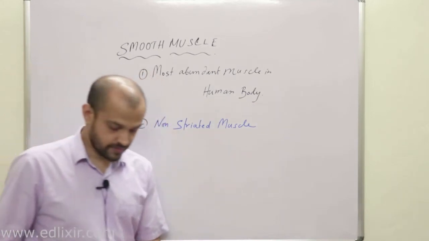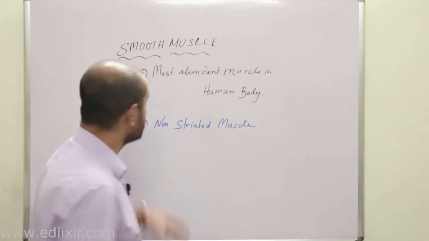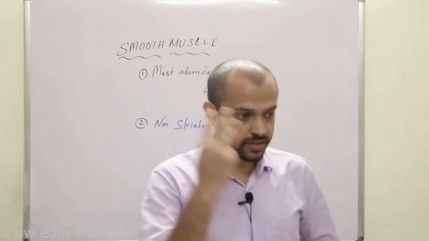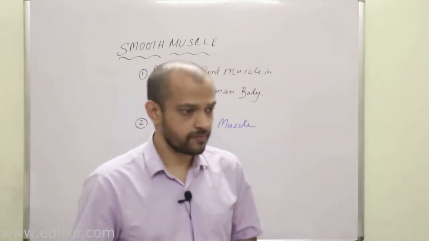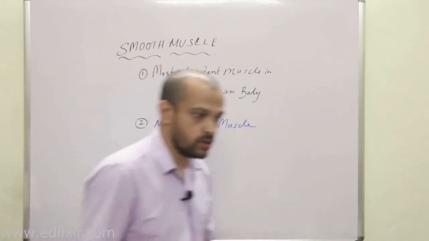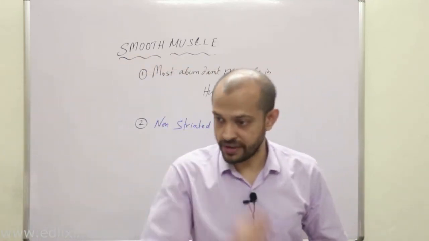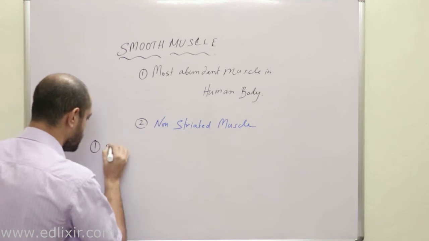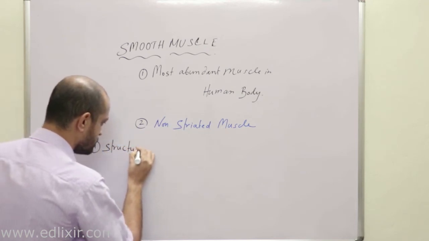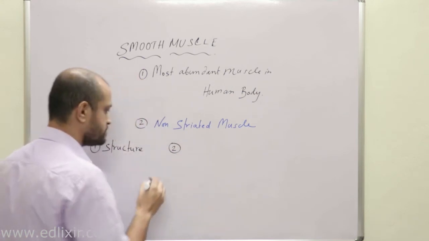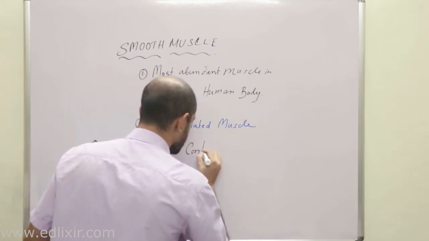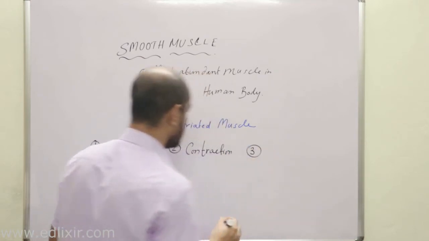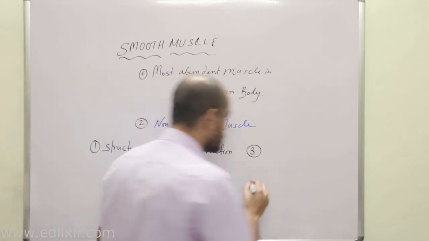Clear? Okay. Now, we will actually discuss smooth muscle with respect to three main points. The first point is its structure. The second point is contraction. The third point we need to understand is its types.